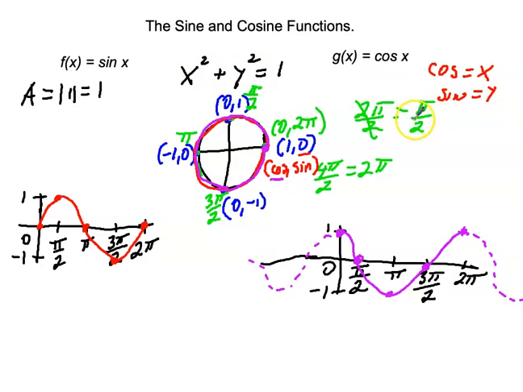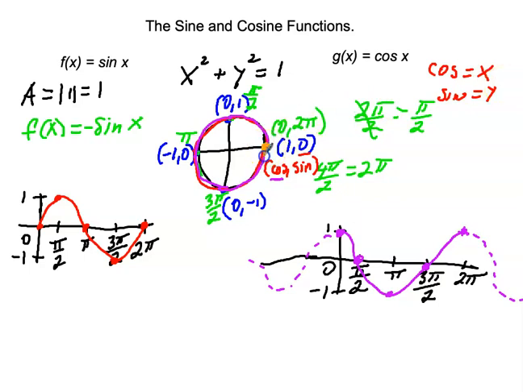I'm going to show different varieties of sine and cosine functions in another video, but I also want to mention that if we have to graph the function f of x equals negative sine x, if there is a negative, that means we are going in the opposite direction.